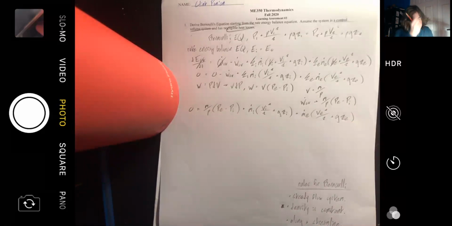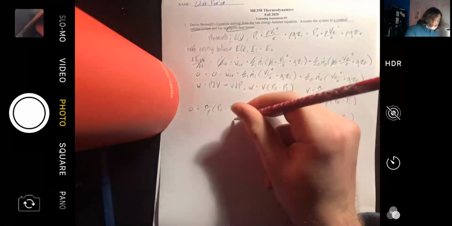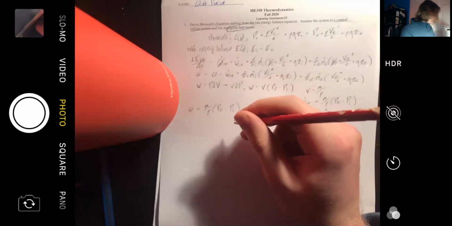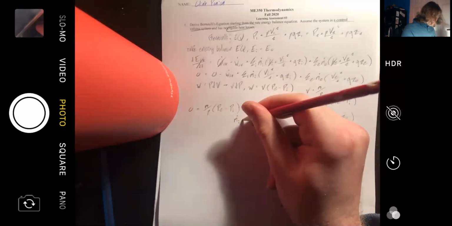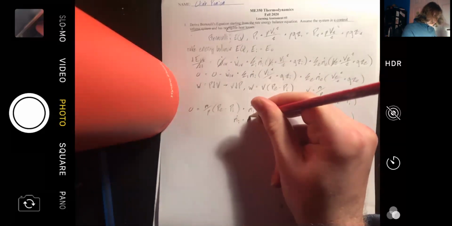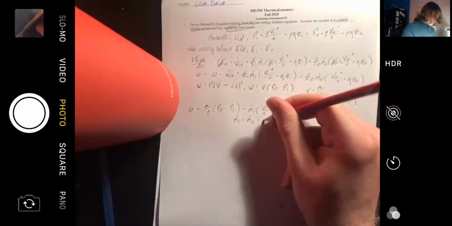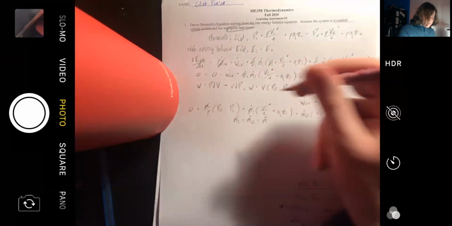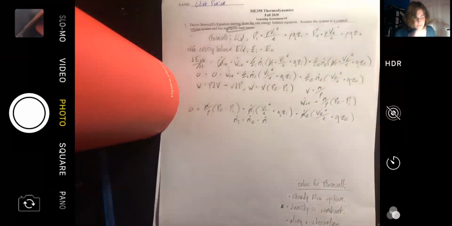So the way I interpret this is that mass flow rate in is equal to mass flow rate exit, and it's just one mass flow rate. And if density is constant, that means the mass is constant. This is a way of justifying why all these masses cancel out.